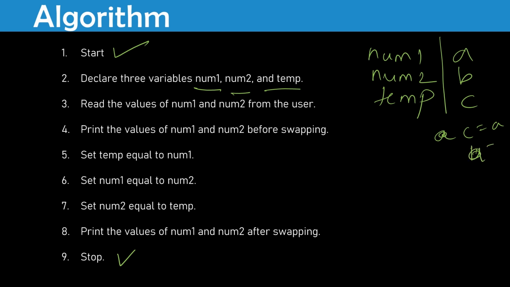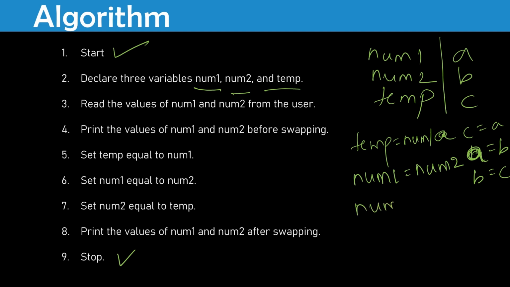A equals B. The third step? B equals C. Now if I write in terms of num1, num2, temp: temp is equal to num1, next num1 is equal to num2, which is A, right? So num1 followed by num2 is equal to temp. That's it, right?